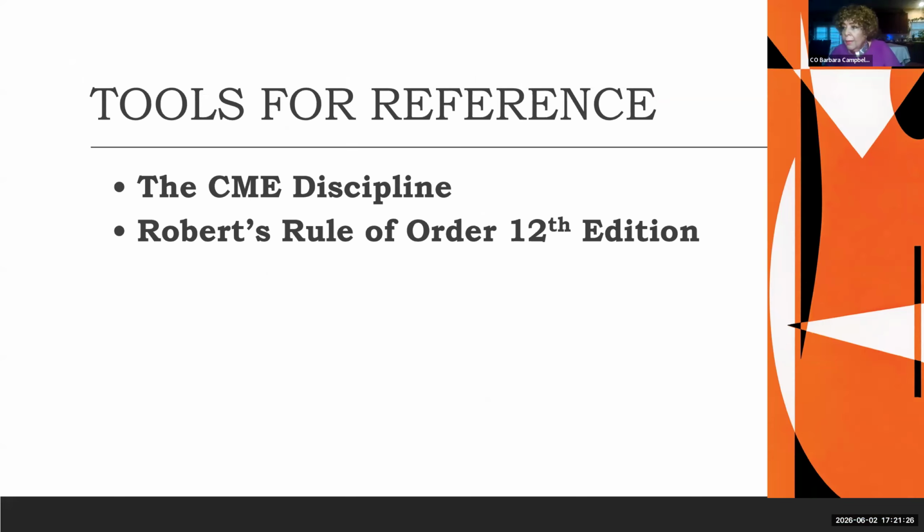If you look at your last general conference, you'll see it says the 11th edition. This time we should have the 12th edition. Not a whole lot changes in Robert's Rules, but this is the correct edition that you should have. And you should have your Discipline because a lot of references are going to be made tonight to the Discipline.